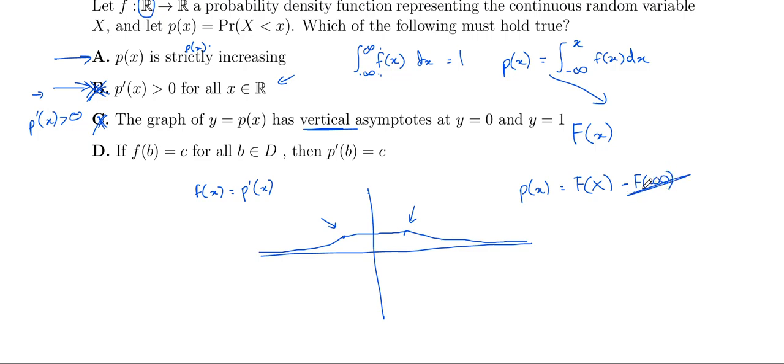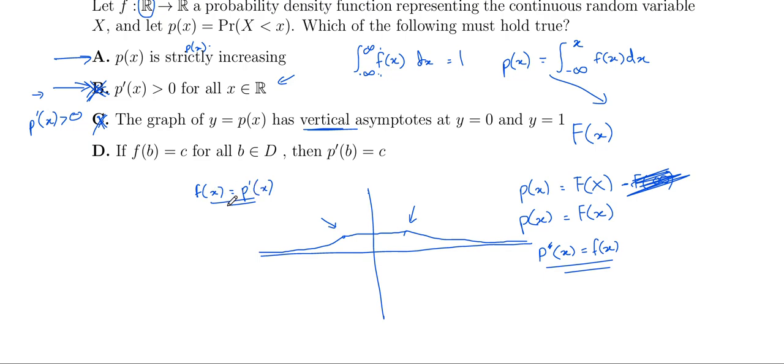And this is 0. So P of x is equal to F of x. That means that the derivative of P of x is equal to f of x. So that's how we know that this is true.